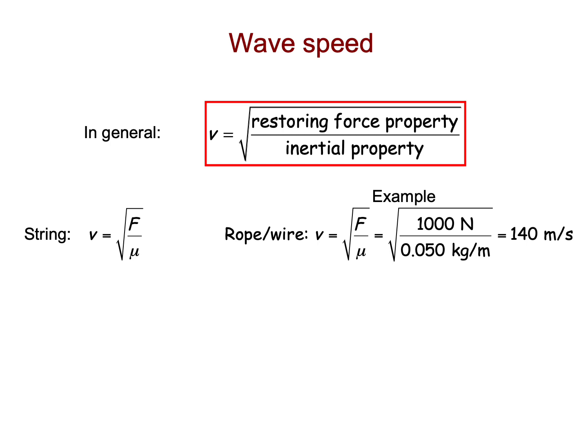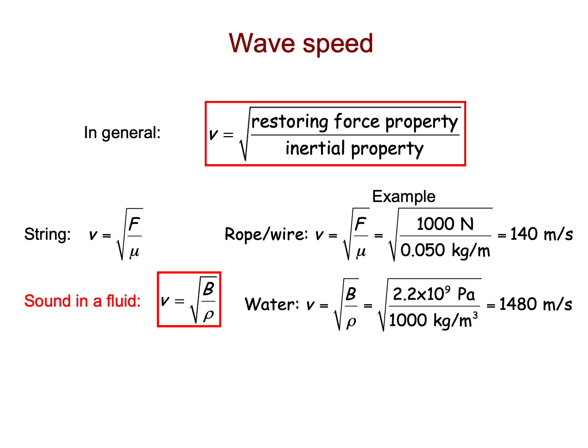And you can do an example for a rope or wire. You might have 1,000 newtons of tension and a mass density of 0.05 kilograms per meter. That would give you a speed of 140 meters per second. So that just kind of gives you a sense of the magnitude of speed of vibrations on a rope or wire. Sound in a fluid is, again, v equals the square root of b over rho.